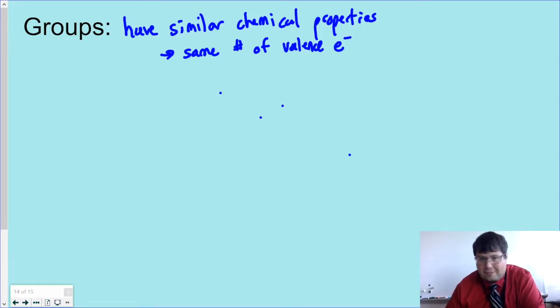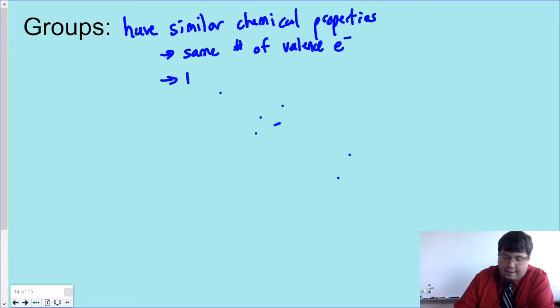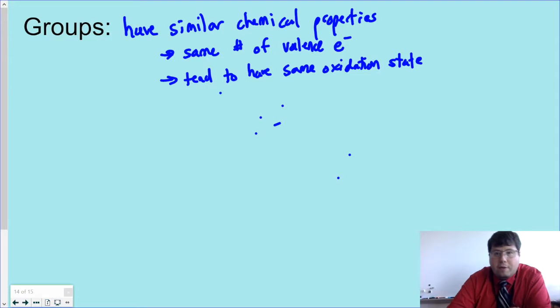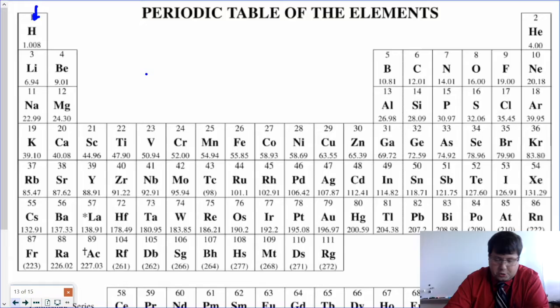And so because they have the same number of valence electrons, they tend to have the same oxidation state when forming chemical compounds. And so let's review some of those major oxidation states you might have for certain groups.